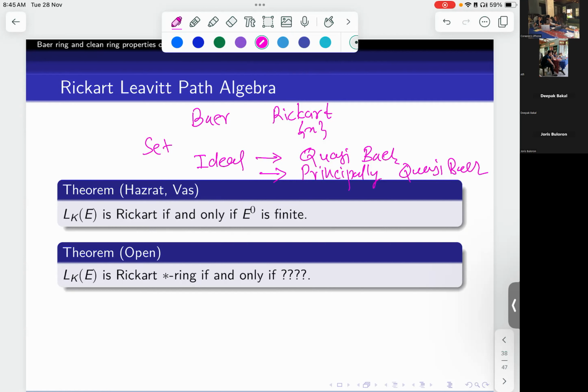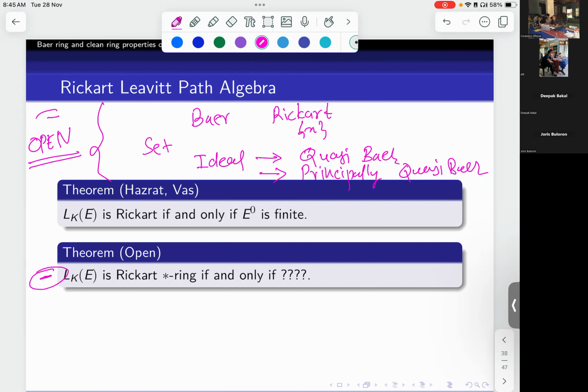They have involutive analogs, quasi-Baer star ring and principally quasi-Baer star ring. Principally quasi-Baer star ring does not enjoy the left-right property, if I'm not mistaken. And to the best of my knowledge, this is also open. For quasi-Baer star rings, I think one condition is known, but a characterization is not known. So this problem is left open, and that's what got me interested in this area.